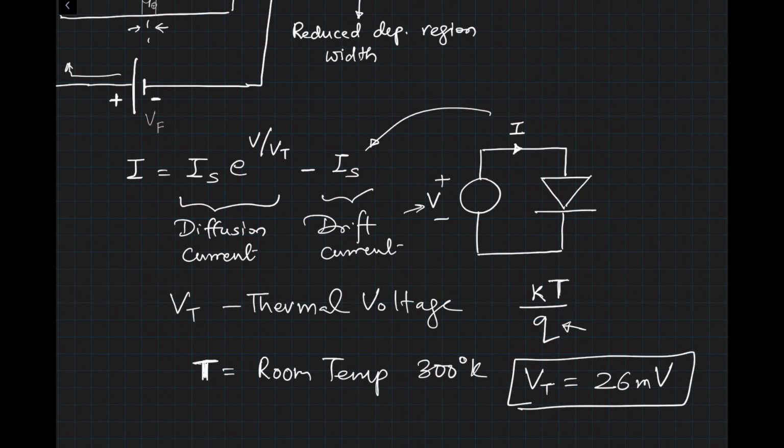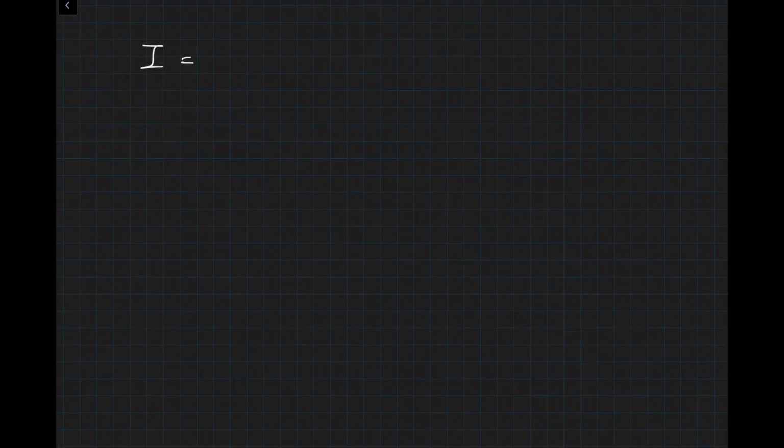Let's go back to our diode equation and see if it's really doing what we think. Is it really modeling the whole phenomenon, the reverse bias and forward bias? I is equal to Is exponential V divided by Vt minus 1.